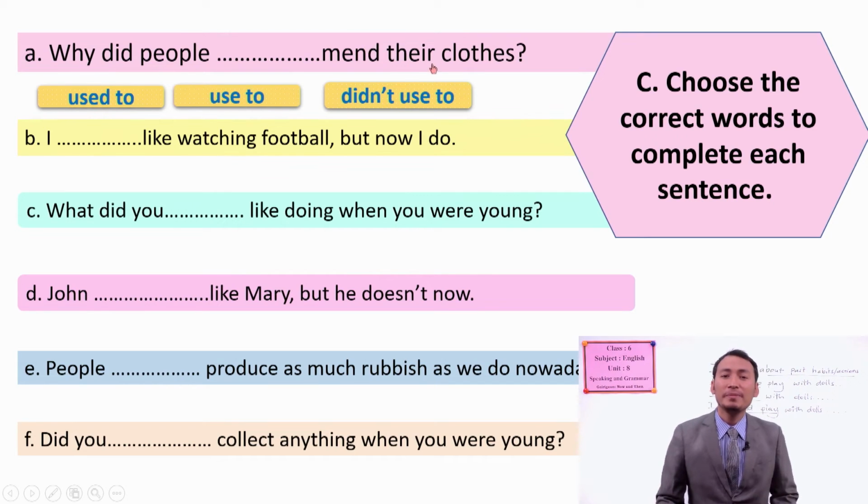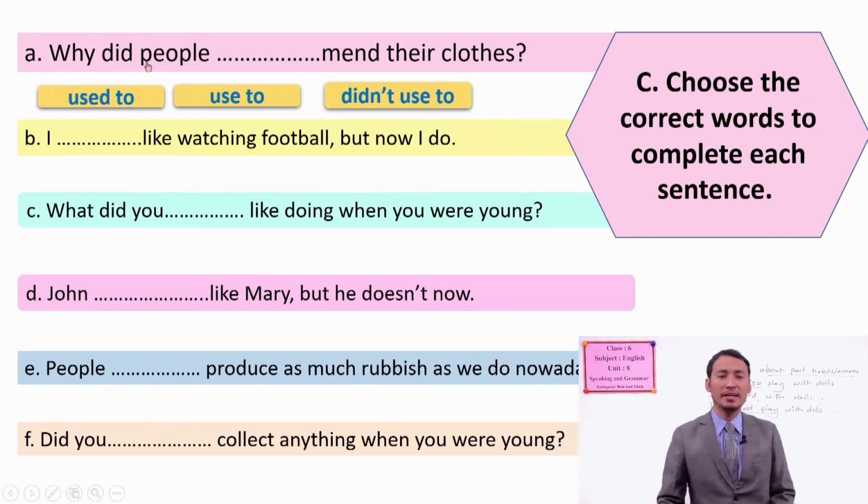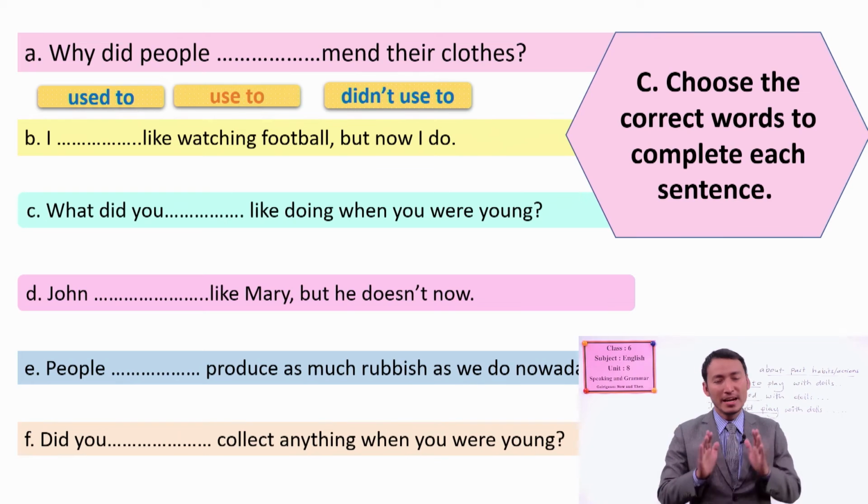Why did people mend their clothes? Okay, so let's look here. Why did people? You have to say use to, without ed, because we have did here. And the question B, I like watching football, but now I do, means I didn't in the past, now I do.